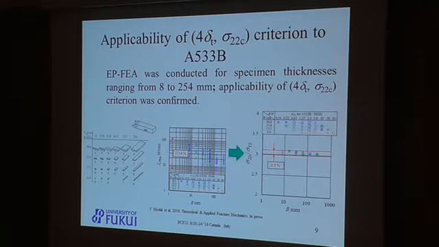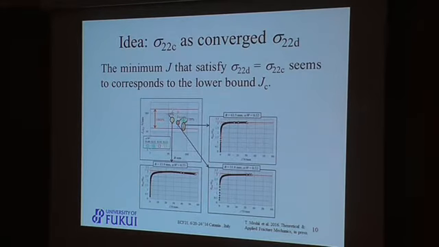We realized that the convergence of sigma 2 to D for increasing load is necessary for fracture initiation because the critical value sigma 2 to C is the converged value of sigma 2 to D.